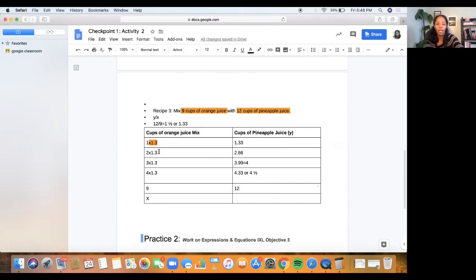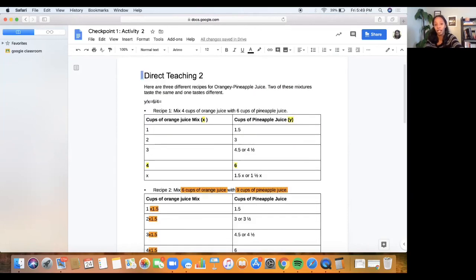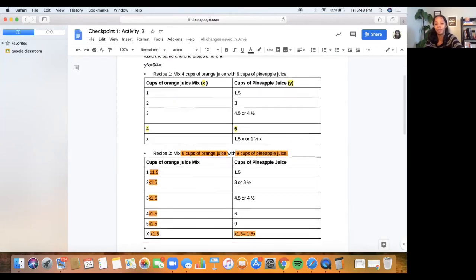All right, and again, our magic number is 1.33, or right now we're just going to put 1.3, and 1/3 x, or 1.33x. The pitchers that actually taste the same would be recipe 1 and recipe 2.